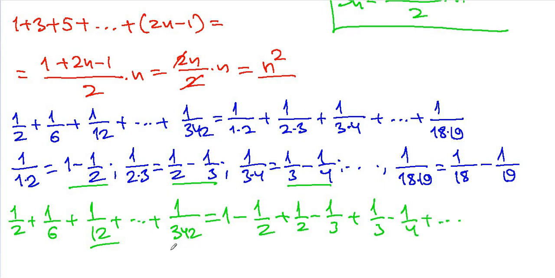And 1 over 342 can be written as 1 over 18 minus 1 over 19.